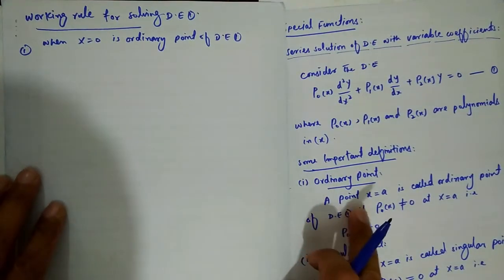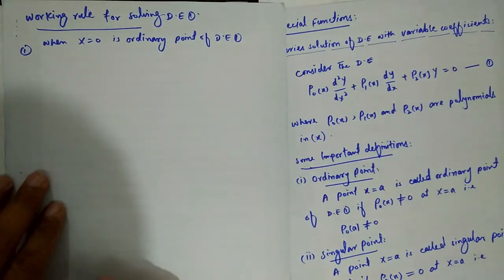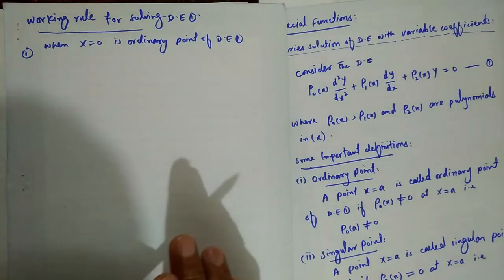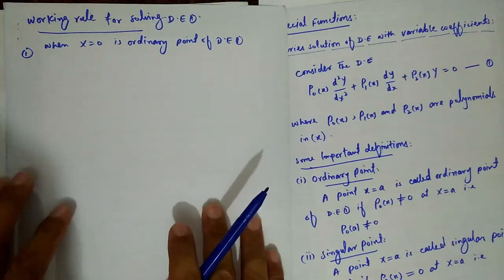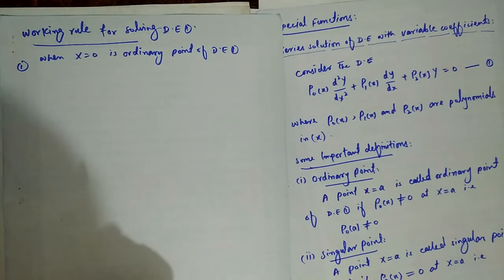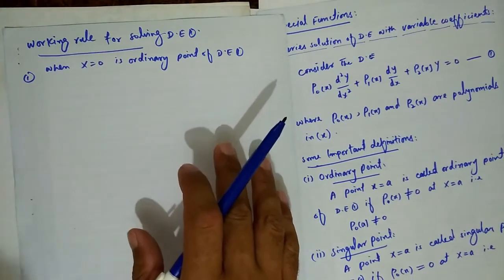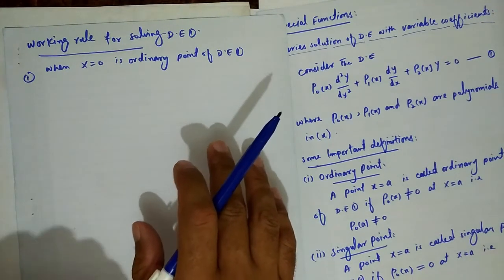First we consider that x equals to a is an ordinary point of the above equation. Later on we will discuss it for the singular point. Clear? But before that we are solving the differential equation for an ordinary point. So if x equals to 0 is an ordinary point of the differential equation.